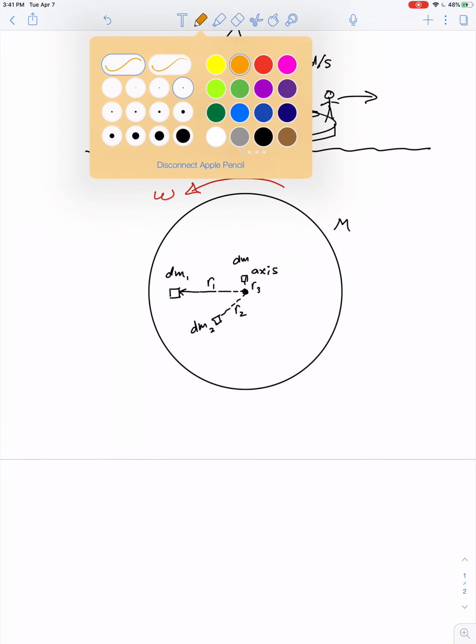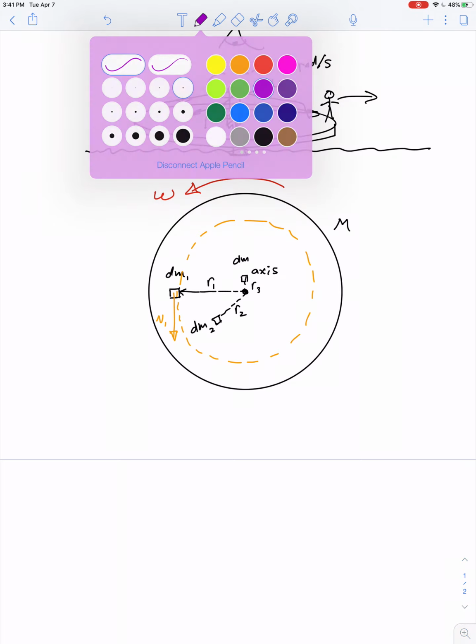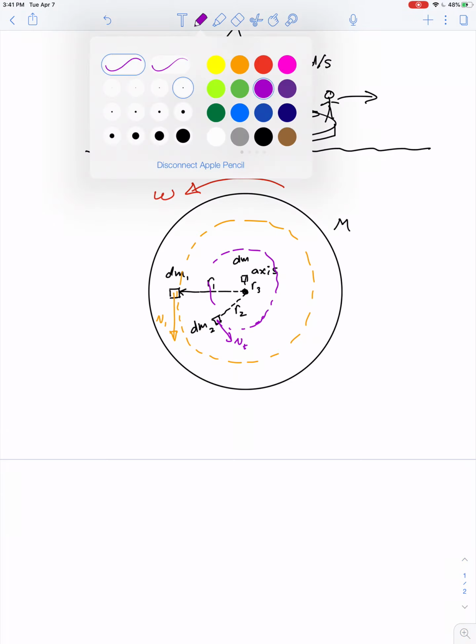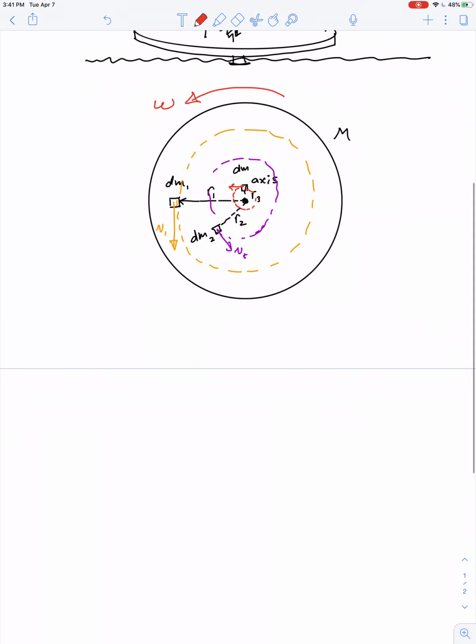Now, as far as their linear velocities or tangential velocity, dm number 1 has a large velocity vector that points tangent to its circular path. dm number 2 travels in a circular path of less radius and has a smaller tangential velocity. And then the third dm that I've shown here has an even smaller radius and therefore an even smaller tangential velocity.